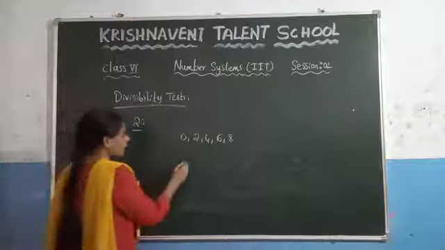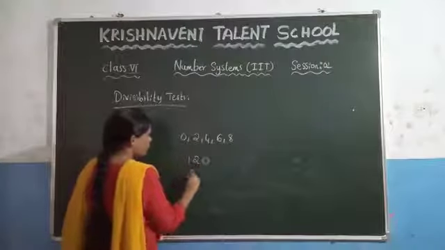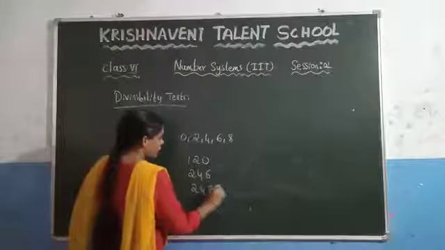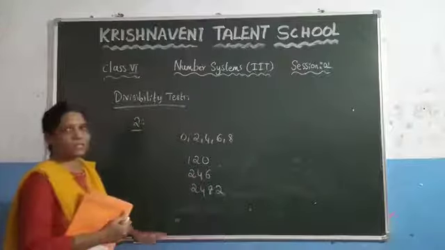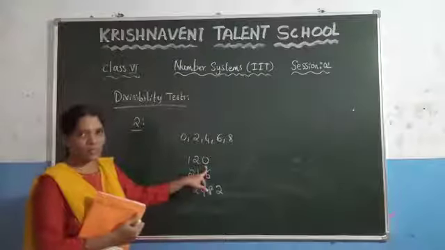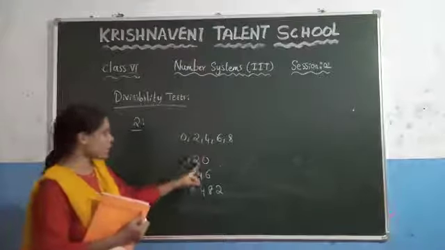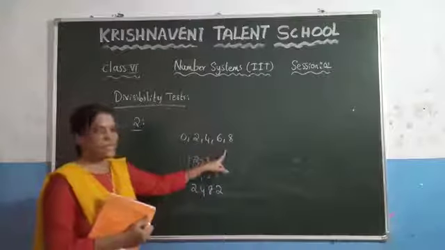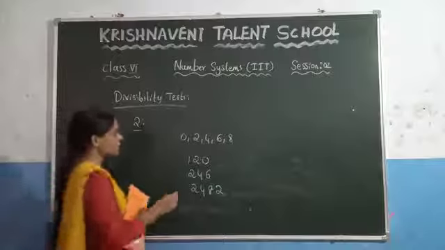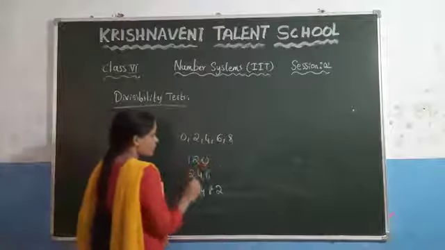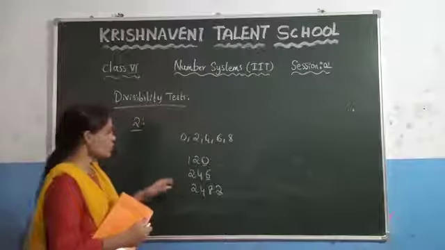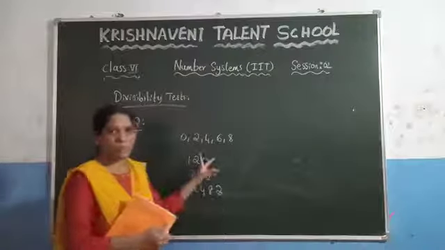You can take the examples 120, 246 and 2482. If you consider these numbers, you need to check the last digit of the number. If the last digit ends with any of these digits, we can say that the number is divisible by 2. Here you can observe that this number ends with 0, this number ends with 6 and this number ends with 2, so all these numbers are divisible by 2.